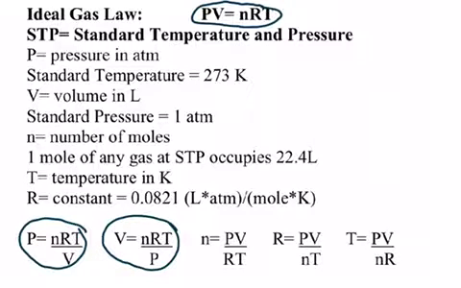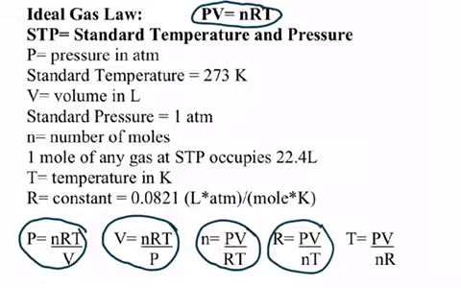If you're looking for moles and you isolate n, you'll be using this third one. You won't really be using this one because we won't be finding R. R is a constant, so that value will always be 0.0821 in liter atmospheres over mole Kelvin. You might be asked to solve for temperature, and then that would be the formula there. So these are all the different possibilities that you may be asked to find.